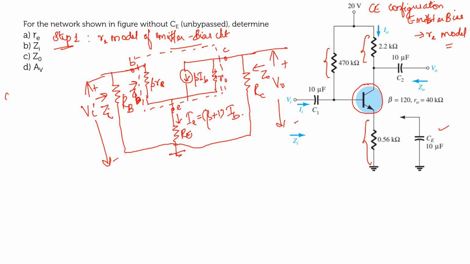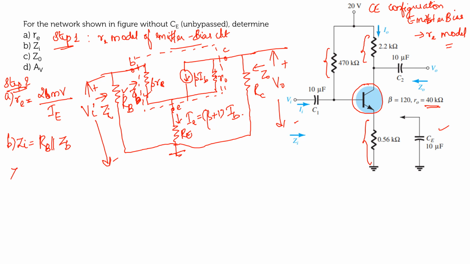So now I'm going to write what are the formulas initially. So step 2, we can write the formula so that it will be easy for you to do the calculation. So what will be your RE? RE is equal to 26 millivolt divided by IE. What will be the next parameter? Input impedance. You have to take the effect of R0 also, because R0 is given as 40 kilo ohm. So Zi will be equal to RB parallel to ZB, that is capital RB parallel to ZB.